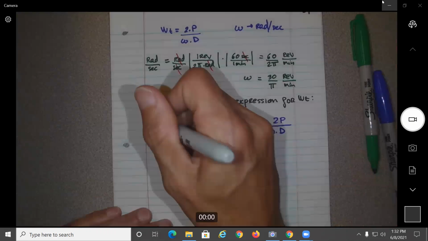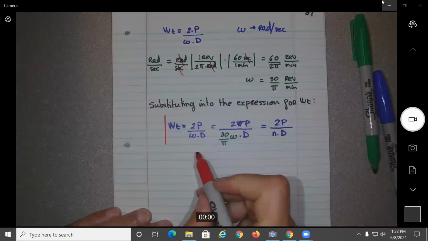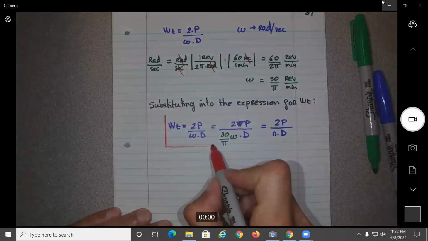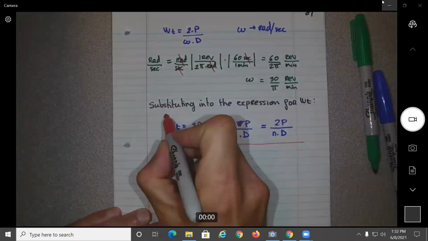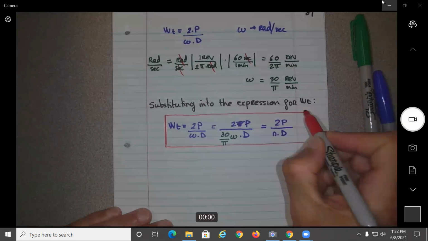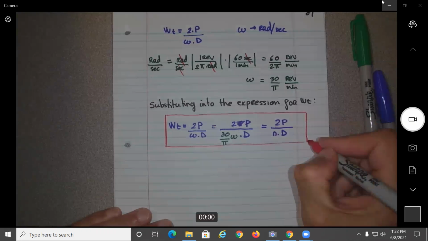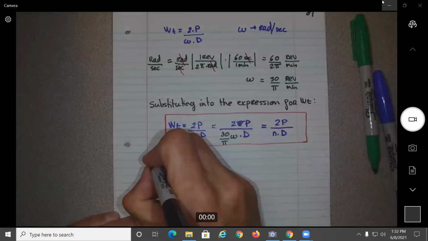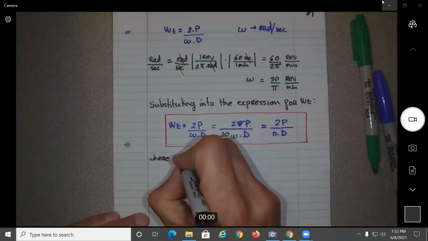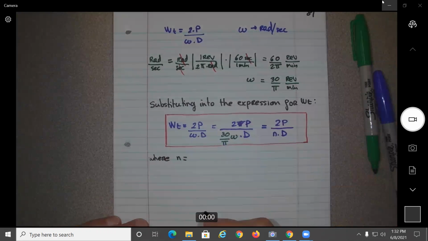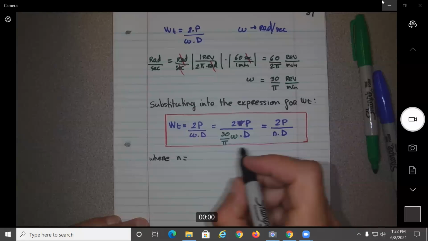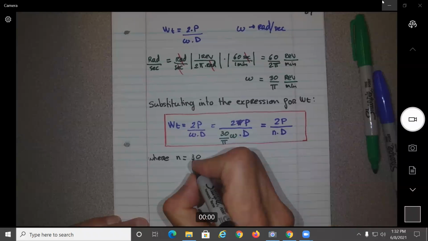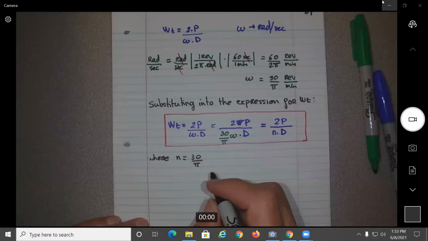I don't know what I'm doing, it's not 2 pi here, it's 2P. And now I will define what n is. Well, n will be just equal to 30 over pi omega.